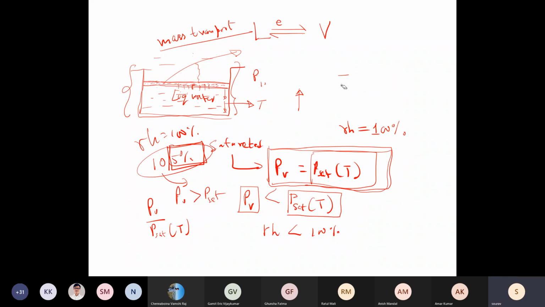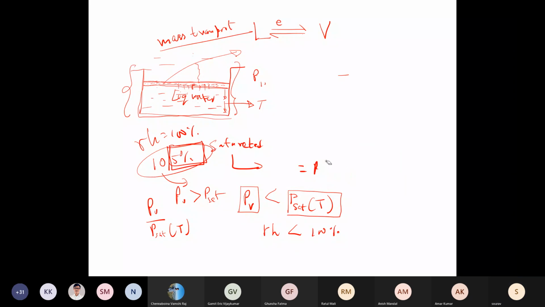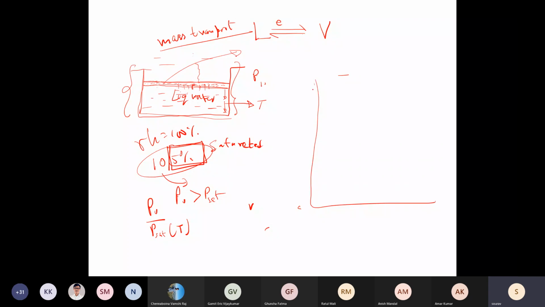Now this you can actually observe from your PV diagram or TH diagram or whatever for your pure fluid, pure water. This is your PV. Okay, let us first see what is the unsaturated condition, what is saturated condition, and what is this RH equals to 110%, what it signifies on the PV chart.